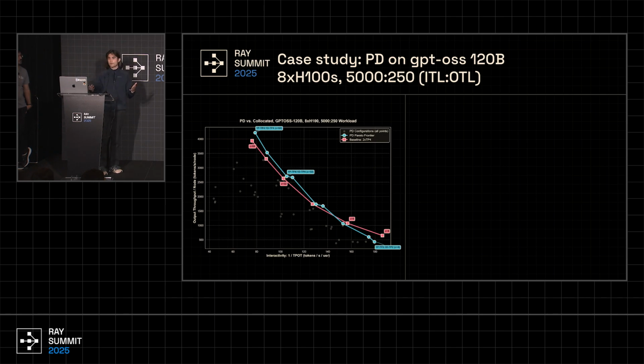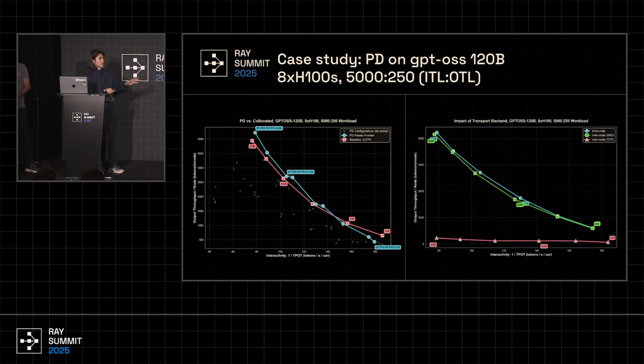So the takeaway from this should just be to really profile your workload and think about what you're serving, basically what your concurrency is, to make the call if disaggregated serving is actually worth it. And, I didn't mention, but this is a 5,000 input token length, 250 output token length workload. And if you started to boost that input token length up, you'd see more benefit.